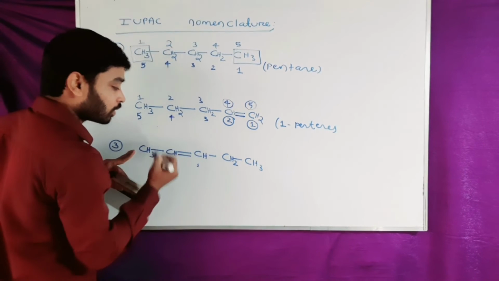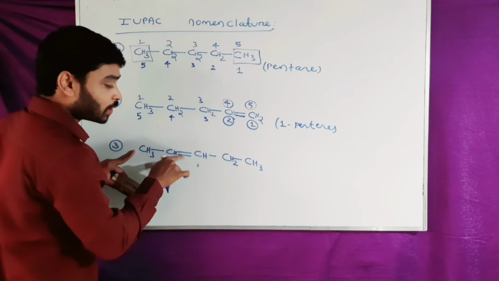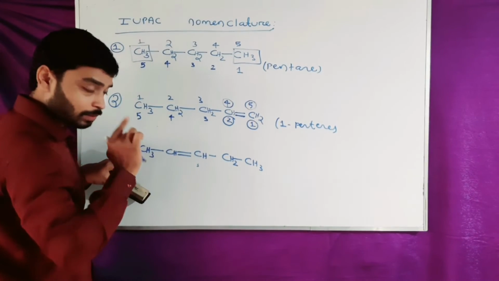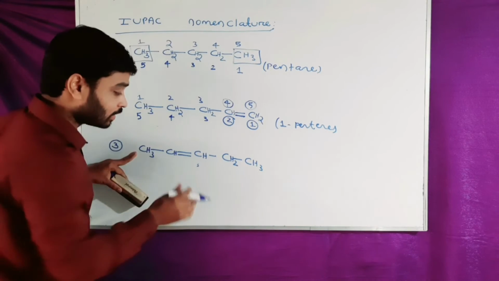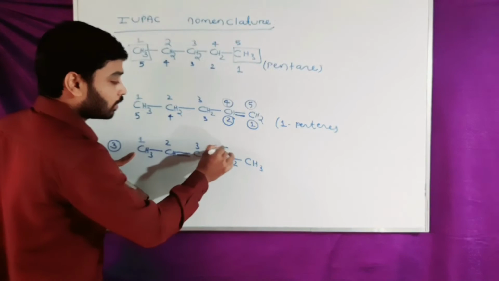If you think it is wrong, remember we always try to give the functional group containing carbon the minimum locant. Here the senior functional group is alkene. So the proper numbering will be 1, 2, 3, 4, 5.